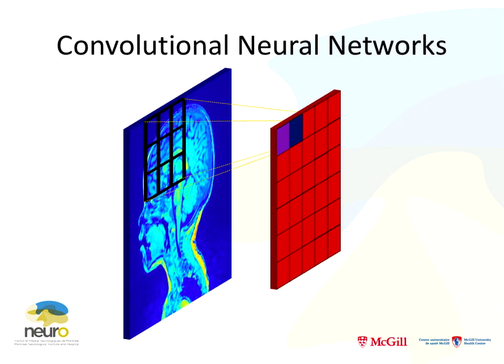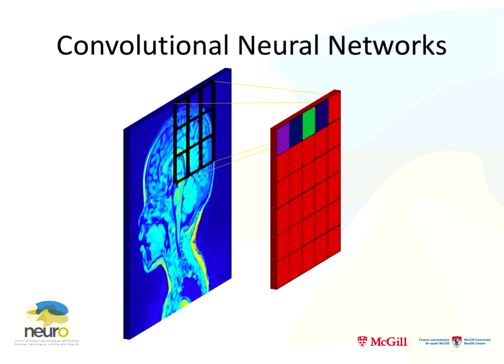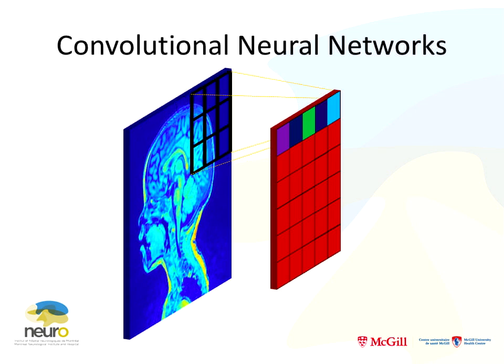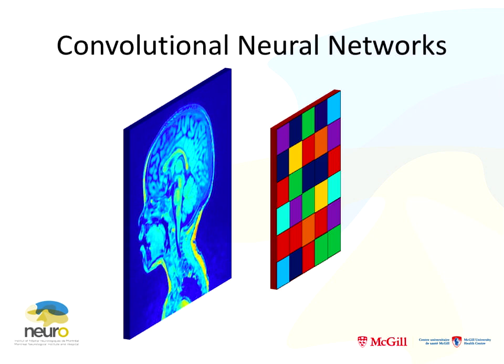Then you slide it across the image, and let's say the brighter colors are higher activations, and you slide across the whole image and produce this input for the next layer.